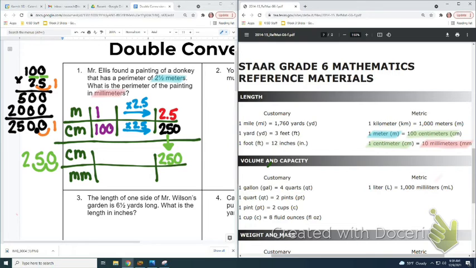So we're going to go ahead and find our centimeter to millimeter rule, and that is 1 centimeter equals 10 millimeters. So now that I have that ready to go, I'm going to figure out how to go from 1 to 250. So to get there, I'm going to multiply by 250. And I'm going to take that rule and do it on the bottom. 10 times 250, I'm going to use my trick for my zeros.